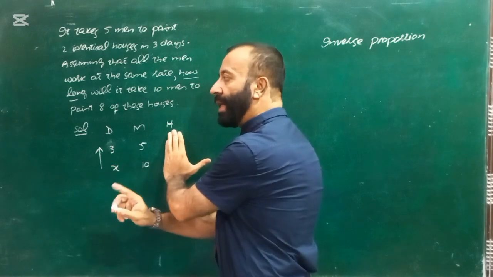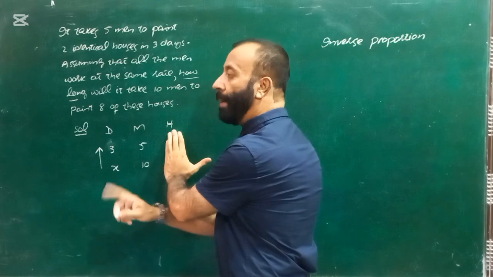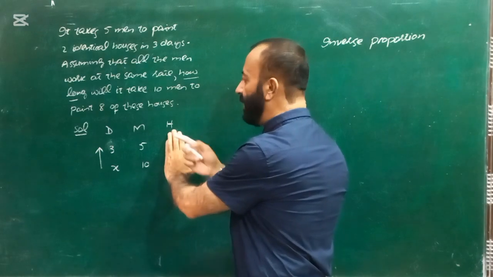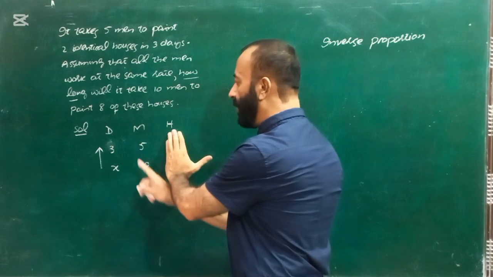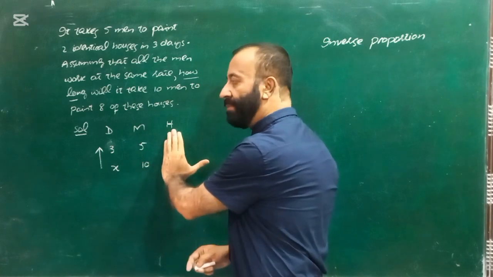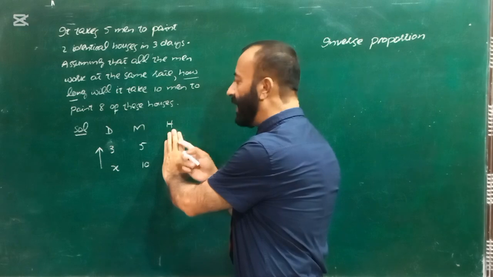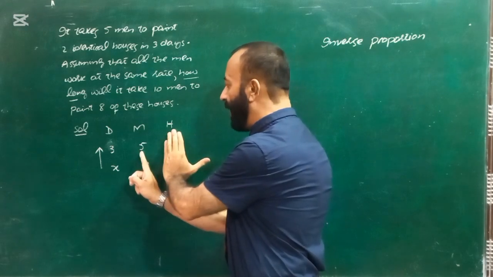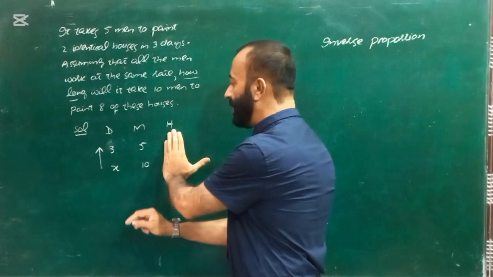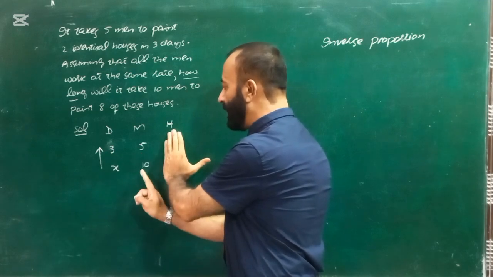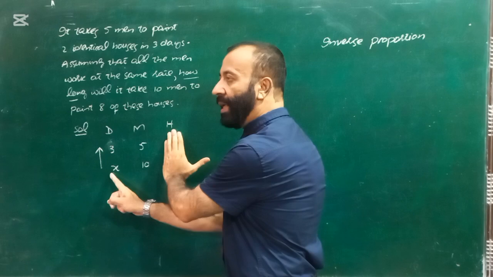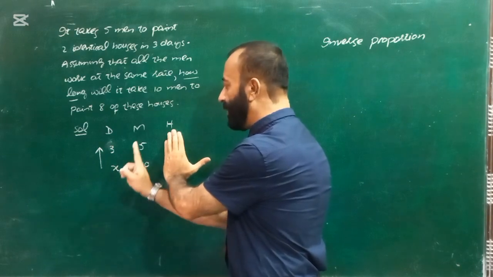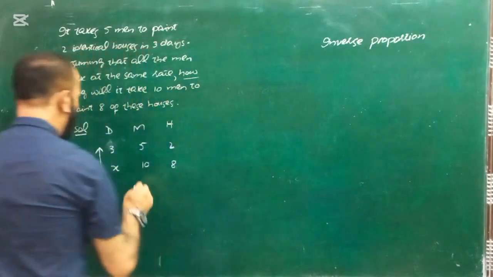If both quantities are increasing or both are decreasing, an upward arrow will be there. So first we have to put an arrow here, and that's why we have covered this value and assumed that it is the same. So to paint some houses, 5 men need 3 days. To paint the same number of houses, 10 men will definitely need fewer days. So men are increasing, days are decreasing, so a downward arrow will be there.